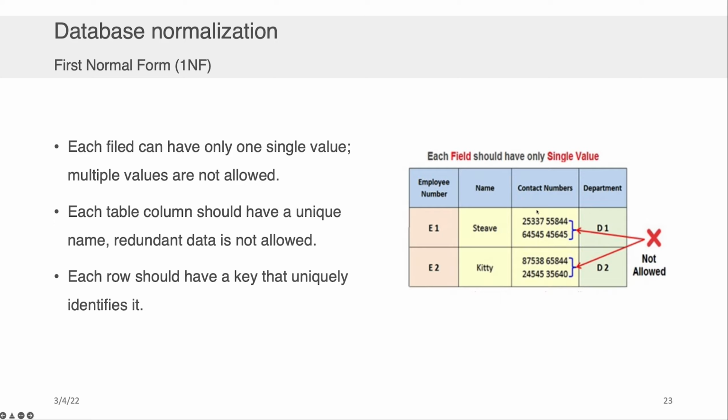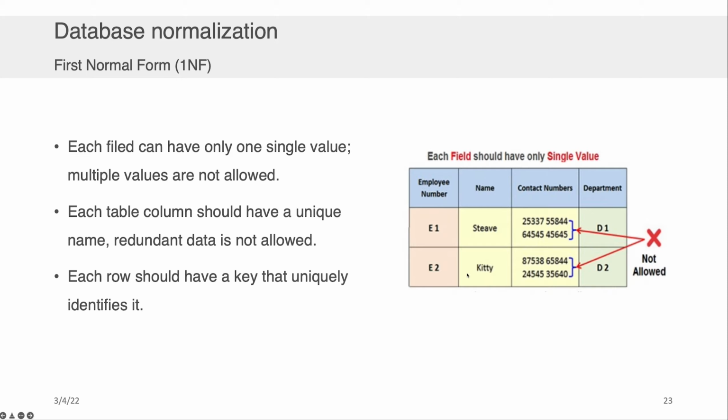You should actually break that into a separate table if that's the case, and have a contact numbers table as an example that maybe ties to the employee number and lists multiple rows, one with each contact number for that employee. Okay, that would be the way you solve that. Each table column should have a unique name as well, so you shouldn't have redundant data.